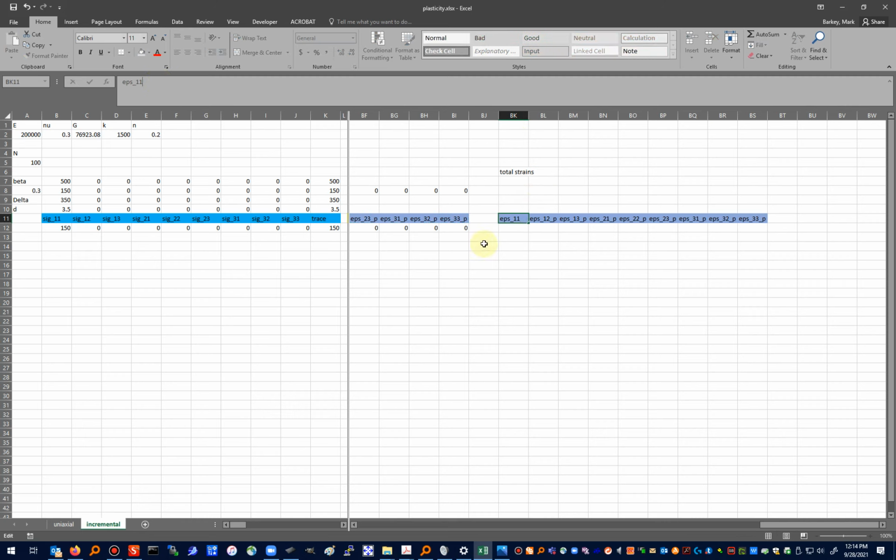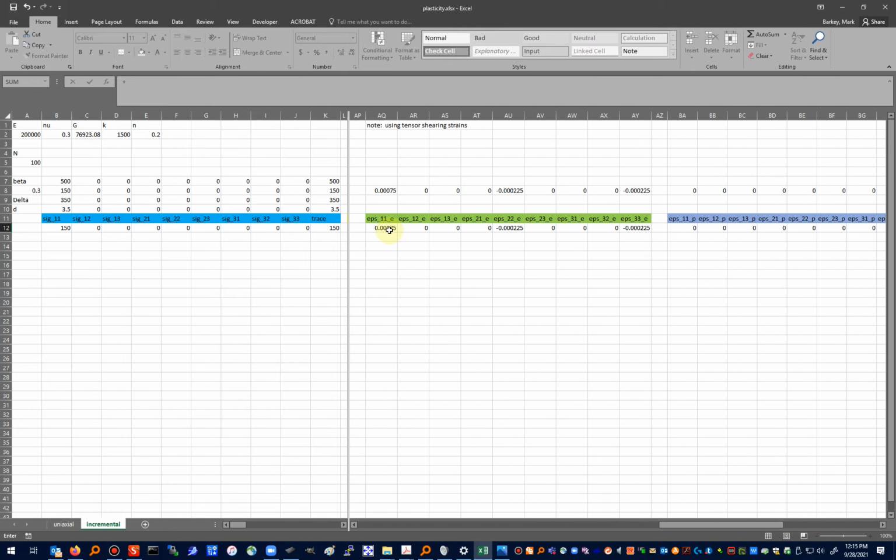I'll get rid of the subscript here. And let's change these colors. It's going to be the elastic plus the plastic.